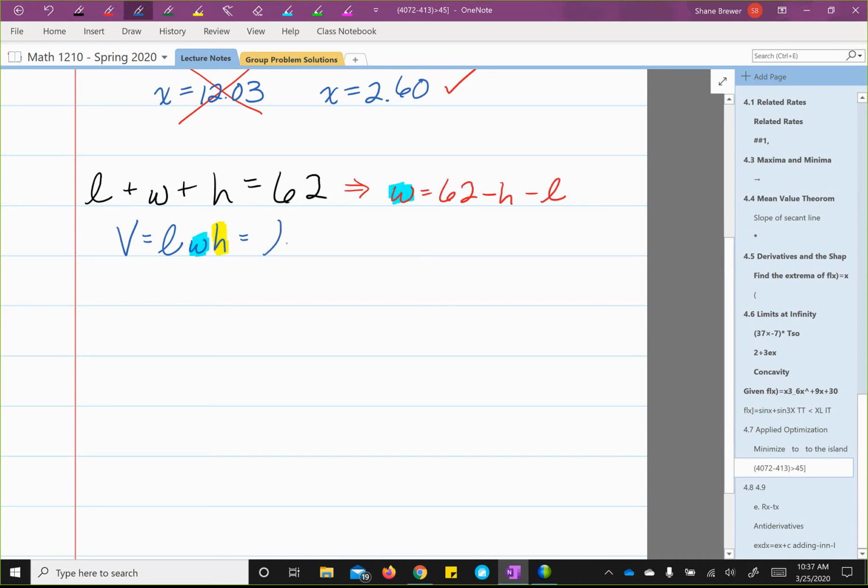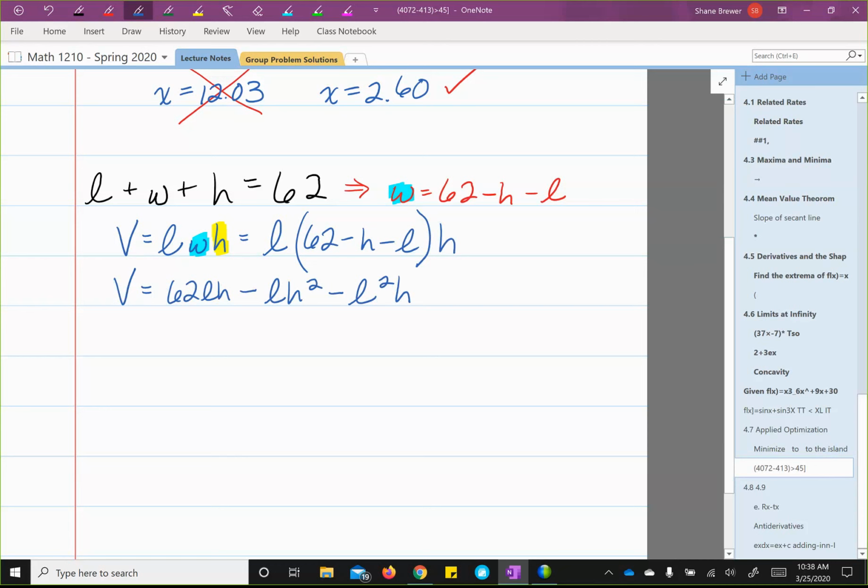L stays; we're fine with that as our variable. 62 minus H minus L, and that's our W, and then H. So the equation for the volume is 62LH minus LH squared minus L squared H. There's the equation for the volume dependent on L.